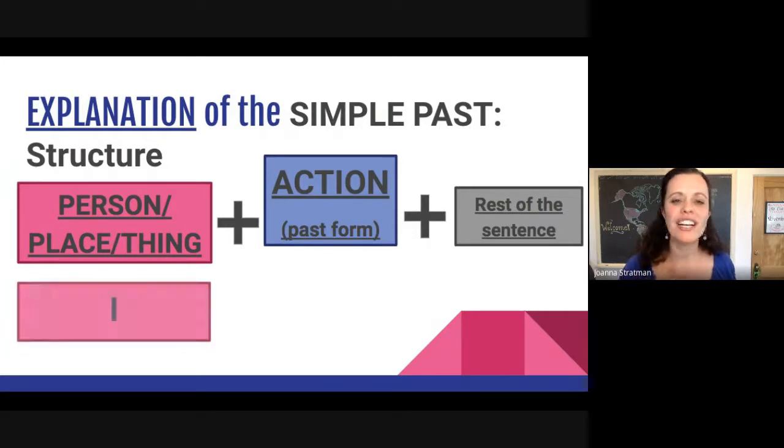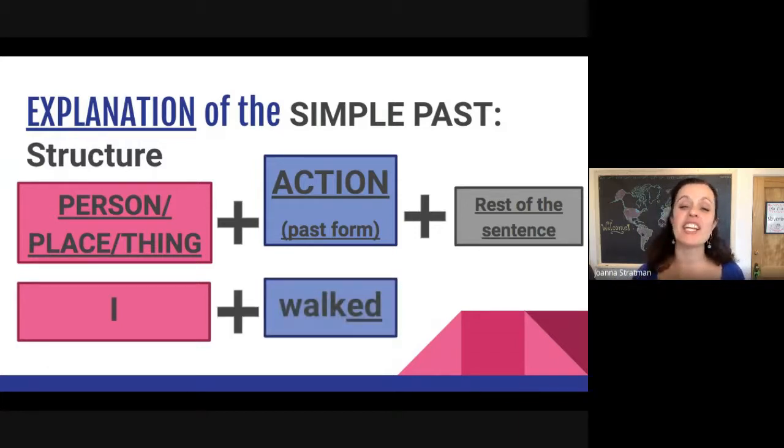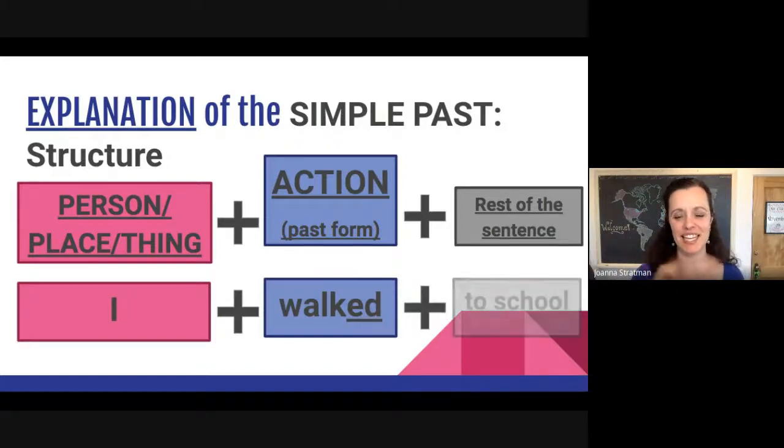Let's look at an example. I is the person, and then the action in the past form is walked. And then the rest of my sentence is to school. I walked to school.